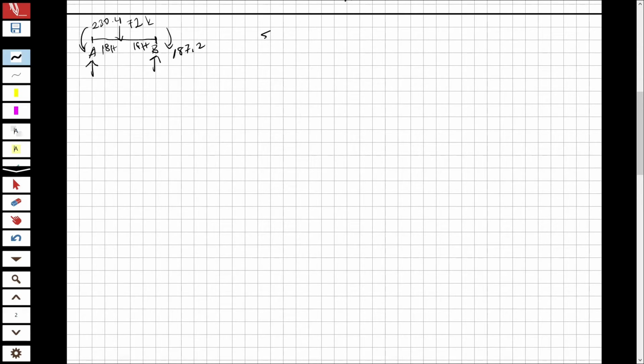Let's find the shears. The total moment at A is equal to 0. This direction is positive. 230.4 minus 72 multiplied with 18, this length, and minus 187.2 plus VB multiplied with 36 equal to 0. And VB will be equal to 34.8.